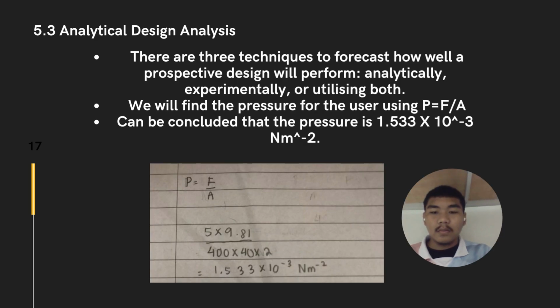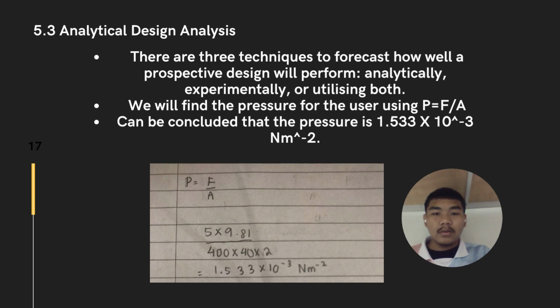Lastly, I will present the analytical design analysis. There are three techniques to forecast how well a prospective design will perform, which are analytically, experimentally, or using both. We decided to find the pressure on the user using the formula P = F/A.